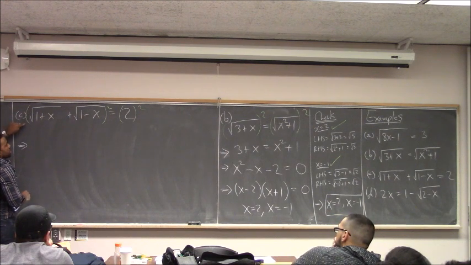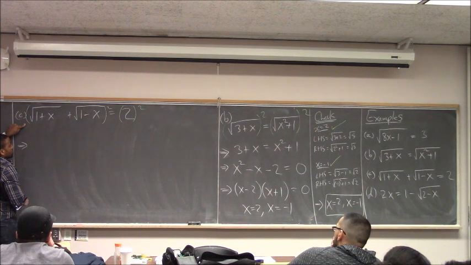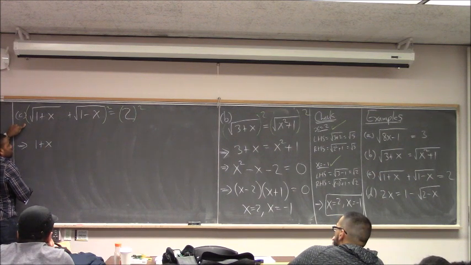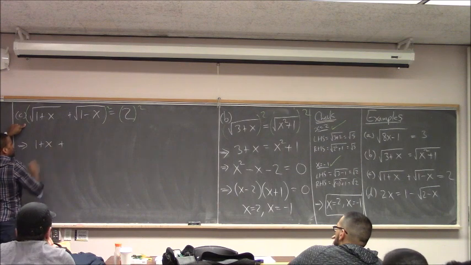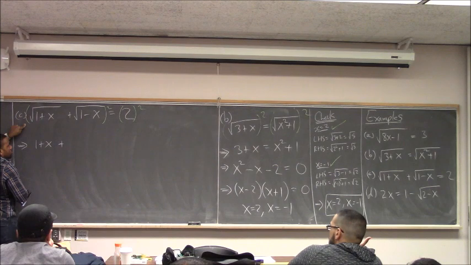What does the square of this side look like now? One plus x. Plus would it be the radical 1 plus x times the radical 1 minus x? That makes sense.